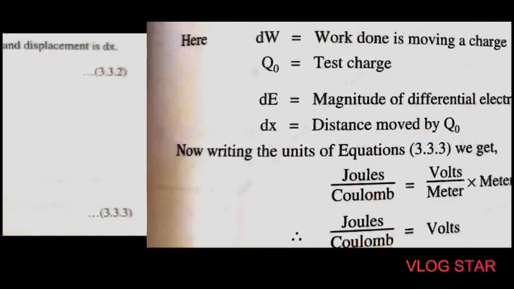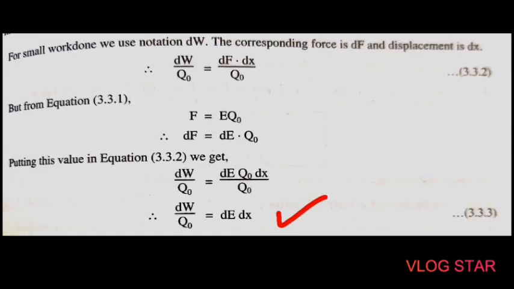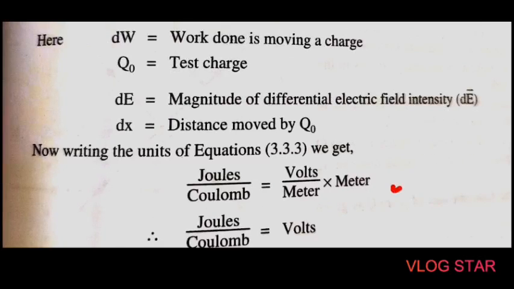So dE is volt per meter, into dx, which has unit meter. Here the meter gets cancelled, then joule per coulomb is equal to volts. That means the dimension of work per charge is nothing but the potential, that is volt.